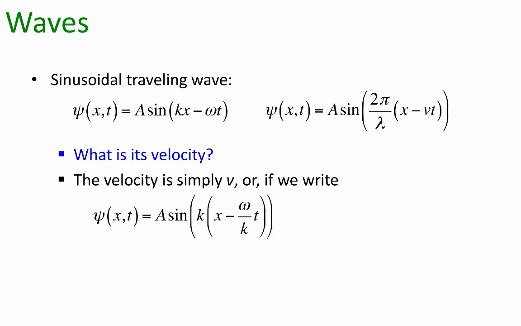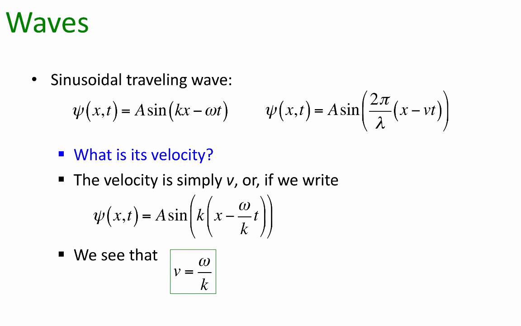If we rewrite the first form and pull out the k, I've got k times x minus omega over k times t. So what does that tell you? If you compare x minus omega over k times t, you see that that's the same thing as saying x minus vt, and therefore v must be omega over k.